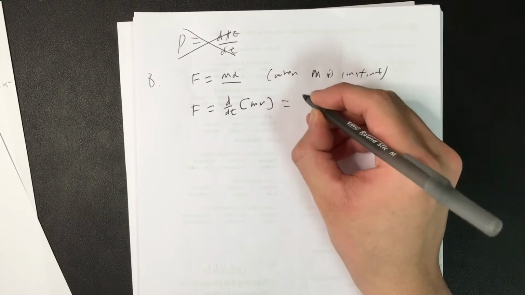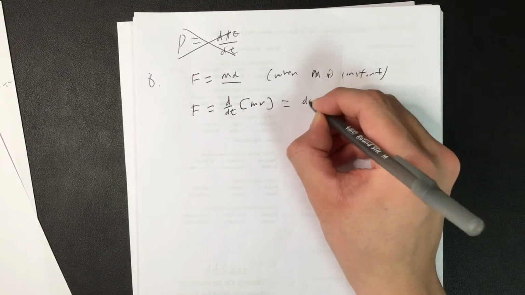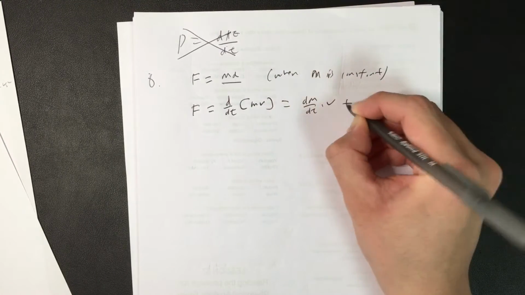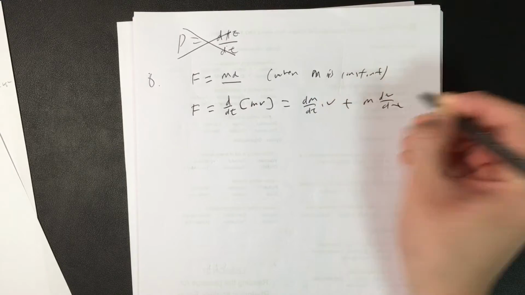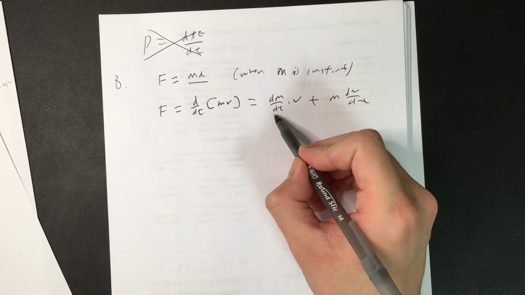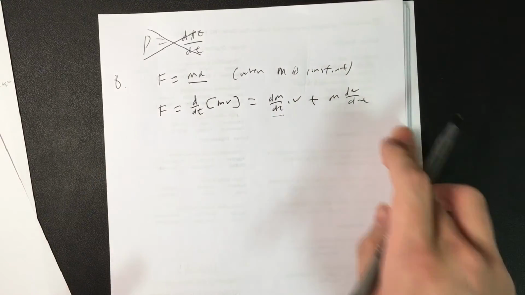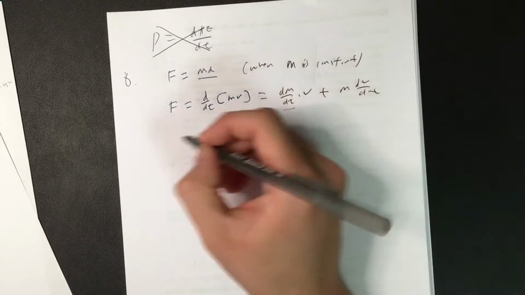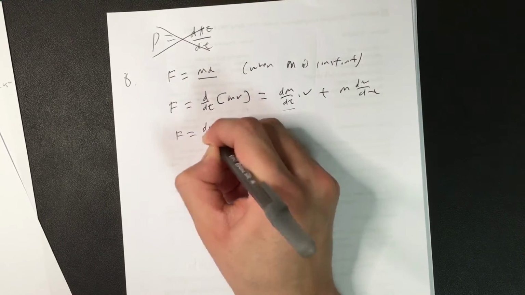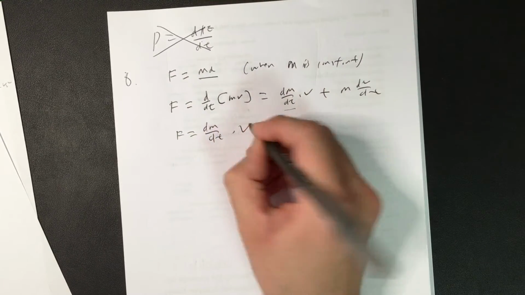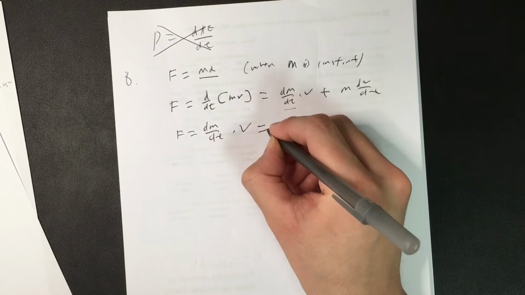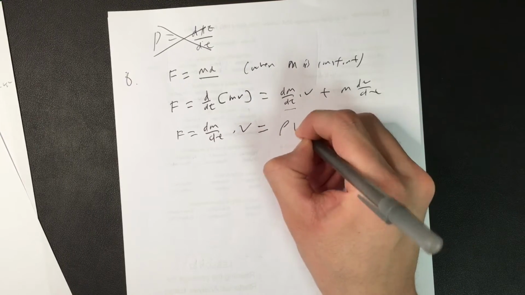But taking this derivative using the product rule, this is dm dt times velocity plus m dv dt. And therefore, when mass is constant and dm dt is 0, force equals ma. But in this case, velocity is constant, so therefore force equals dm dt times velocity, in which since the rate of change in mass equals rho, this equals rho v.